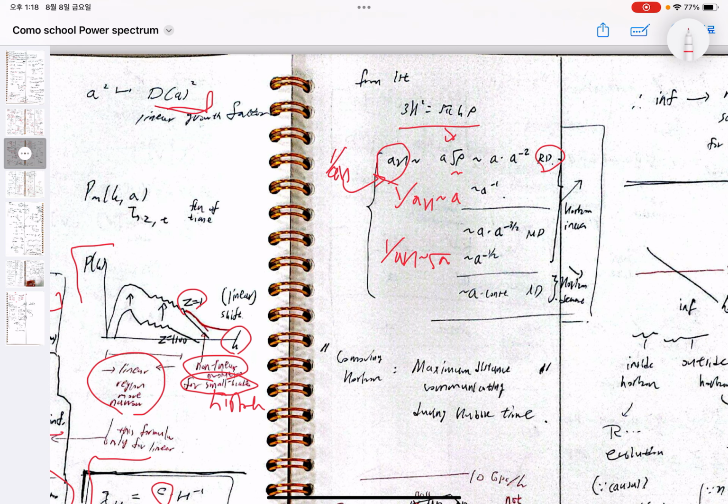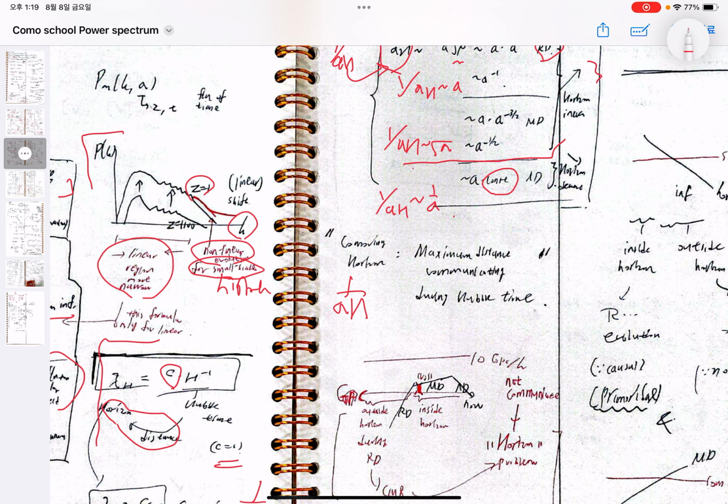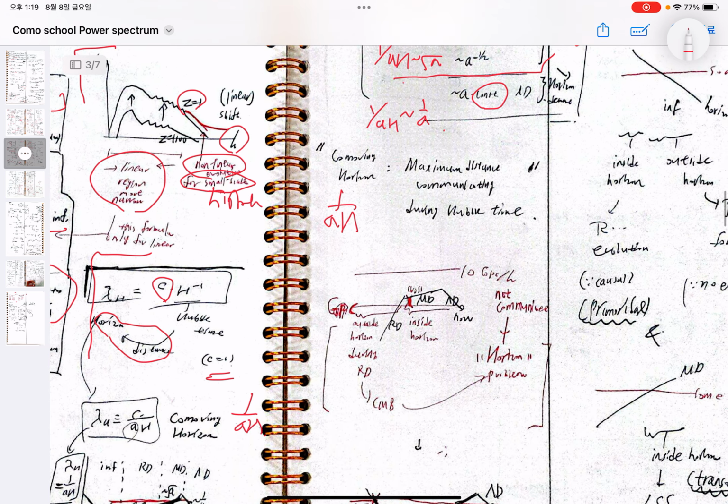In radiation and matter domination, the horizon increases over time, but in dark energy dominance in the late universe, because the energy density is constant, 1 over H is constant, so the comoving horizon is decreasing. So the comoving horizon, 1 over aH, which means the maximum distance communicating during the Hubble time, increases in the standard cases, but in accelerated expansion, such horizons decrease.